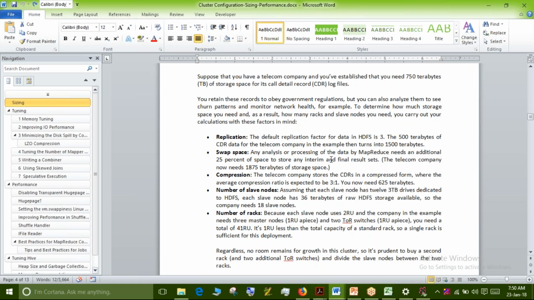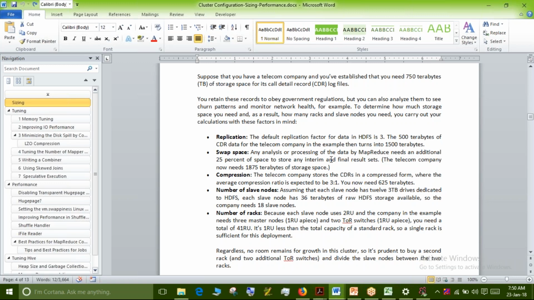If the replication factor is kept at 3, and my current storage need is 500 TB, then I need to have 1500 TB storage because I'm going with the replication factor 3. Every block is available at 2 more places in the same cluster.